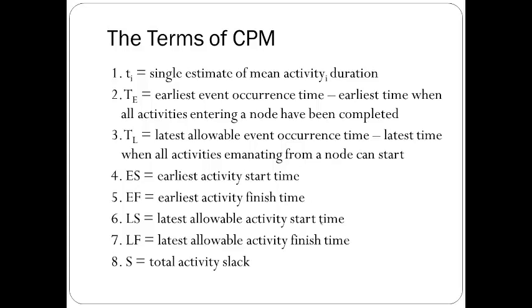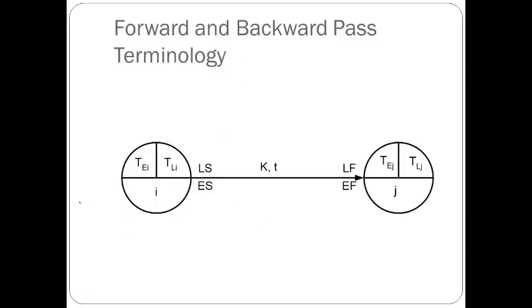We'll put those on the circles. Then the activities get the earliest activity start time, earliest activity finish time, latest allowable activity start time, and latest allowable activity finish time, on the arrows. And then we'll calculate the total activity slack.